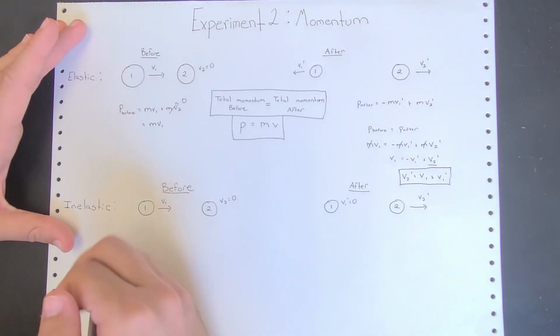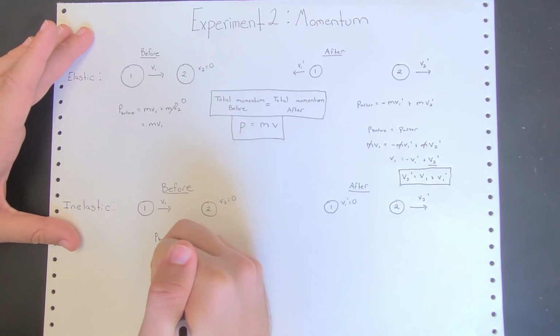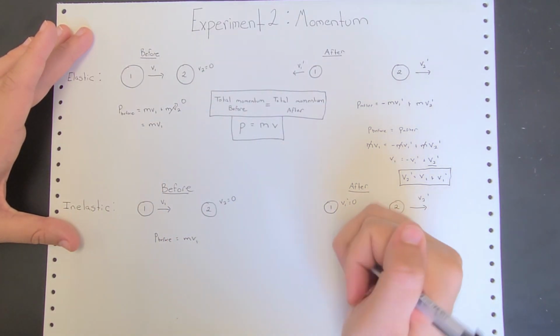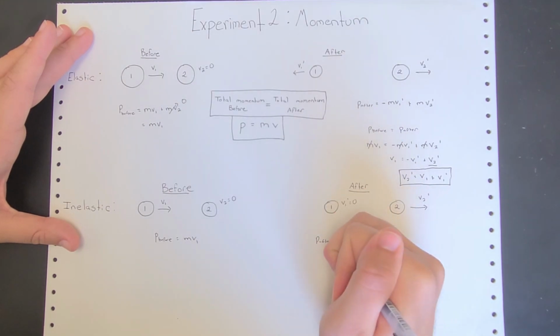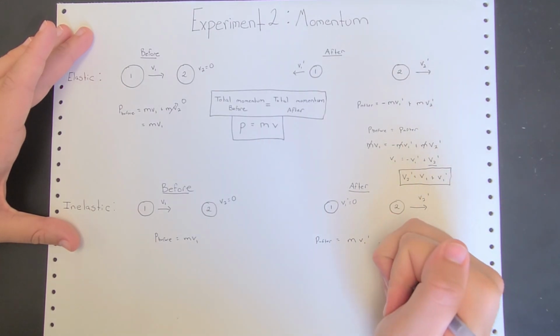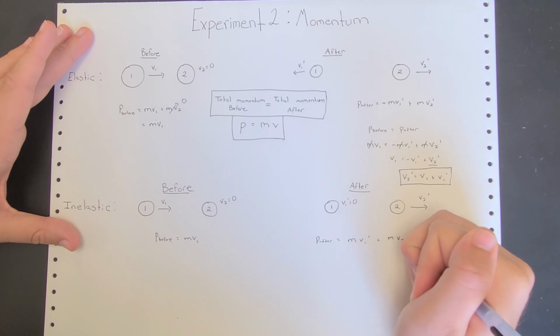Okay, so our momentum before doesn't change because nothing has changed here, so let's just rewrite that. Momentum before is just going to be equal to mv1. All right, and then our momentum after is going to be mv1 prime plus mv2 prime.